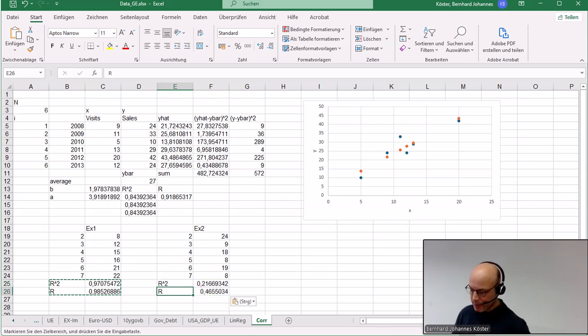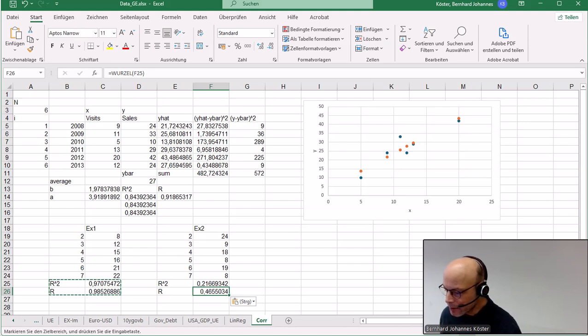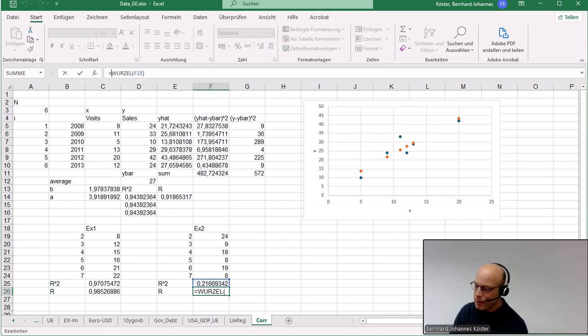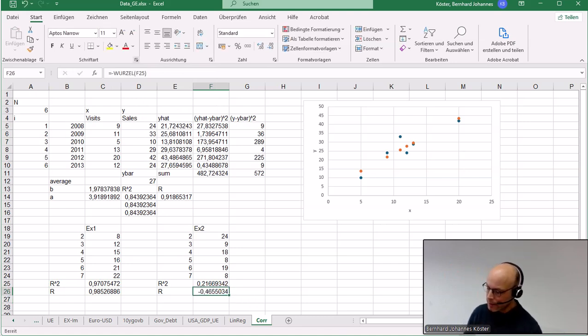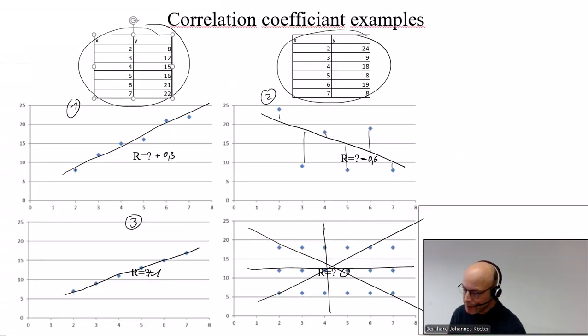And here we have to be careful since we know it is a negative dependence. It's a falling line. We have to insert here a minus. So we end up with 0.98, even more.